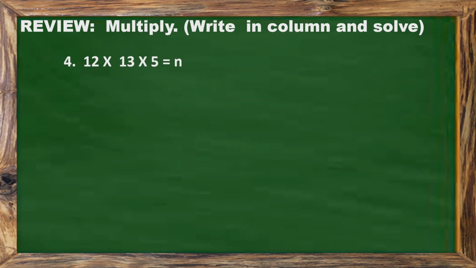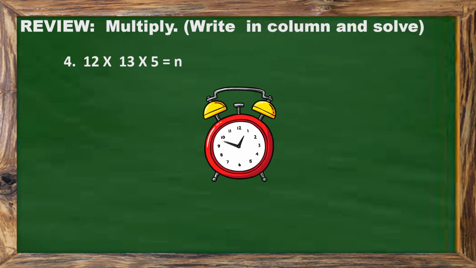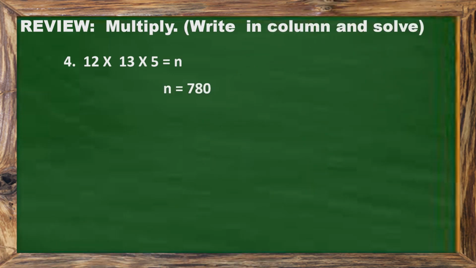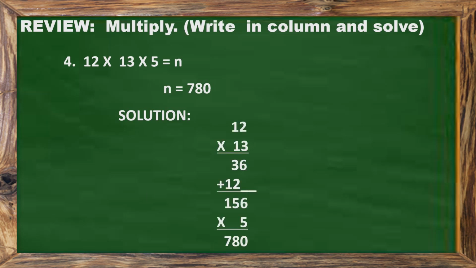Number 4. 12 times 13 times 5 equals n. So what is n? So the answer is 780. You are correct. Solution. 2 times 3 is 6. 3 times 1 is 3. 2 times 1, 2. 1 times 1 is 1. So, add the partial products.